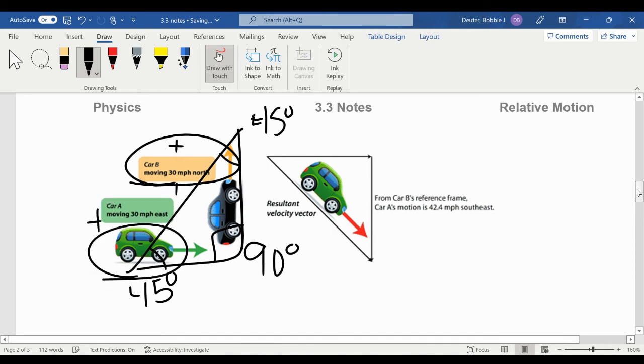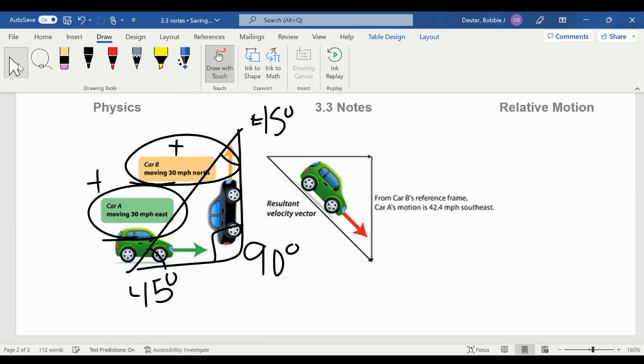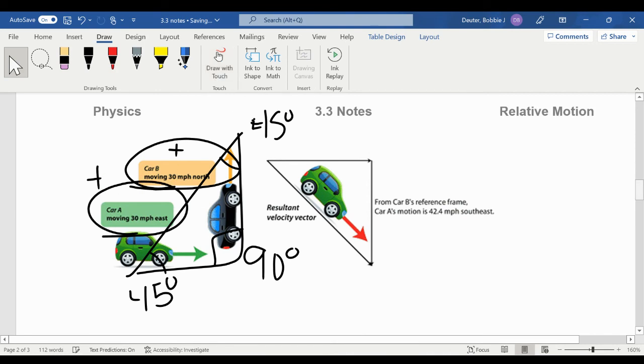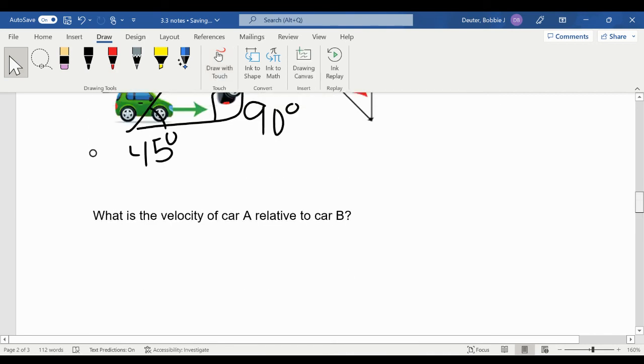So what is the velocity? Oops, I apologize. So right here, what is the velocity of car A relative to that of car B?